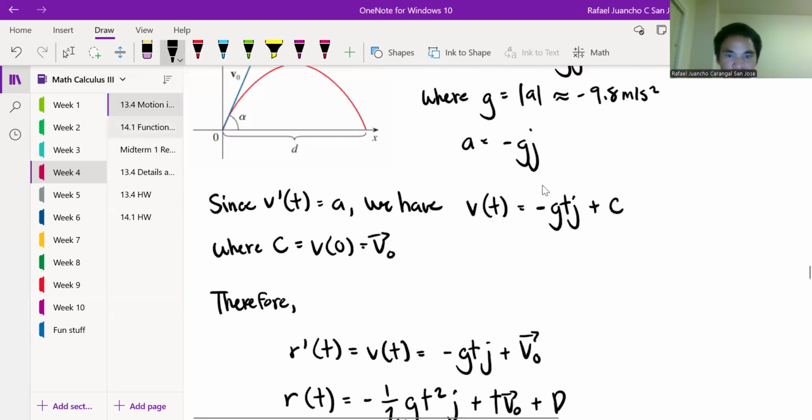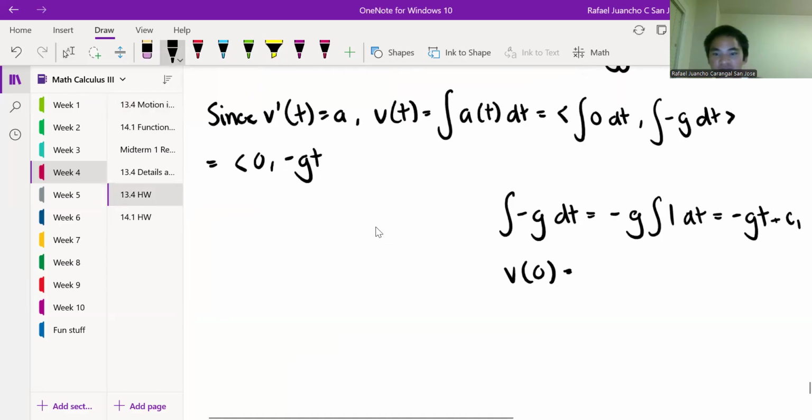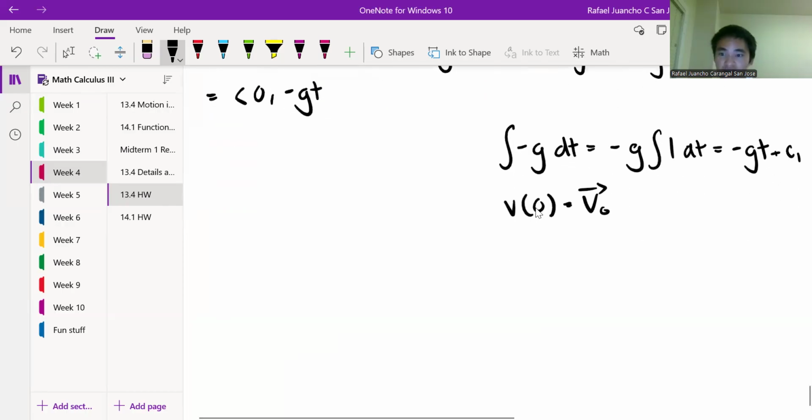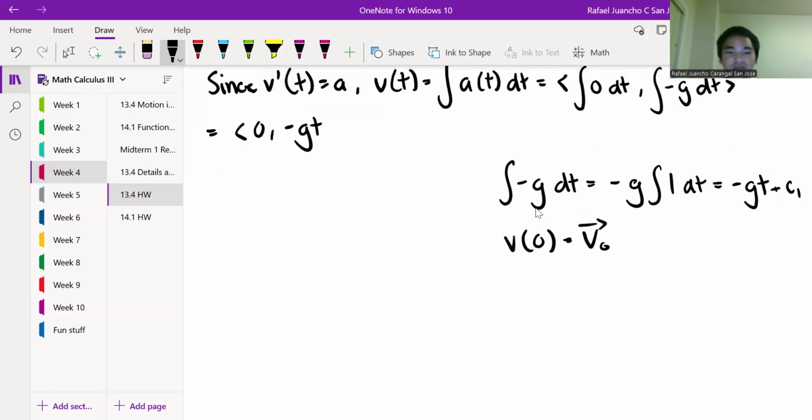And my initial velocity in this case was this thing here. I'm not going to dive into it too much. Vector-wise, this is confusing to look at, but it's that.